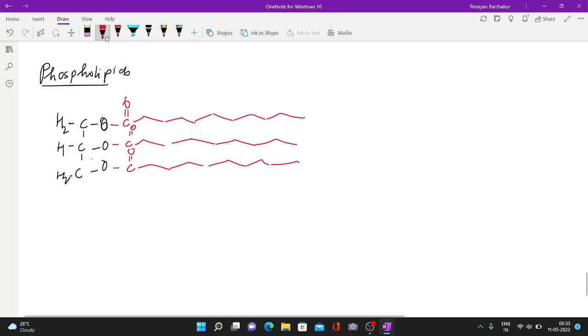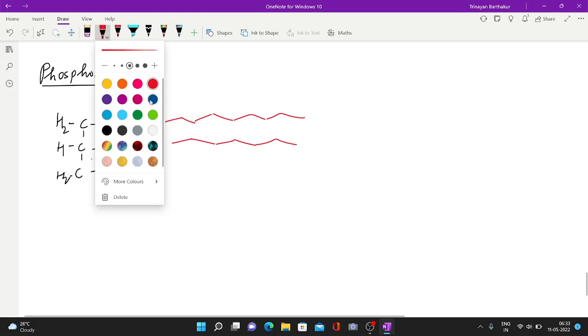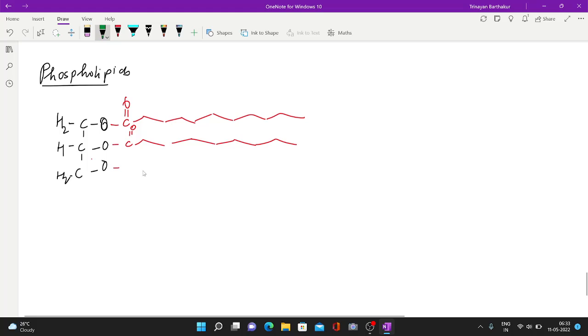Now if I start to replace one of these fatty acids by a phosphate group, so instead of CO, let me just write PO. Suppose this is phosphate, PO4.